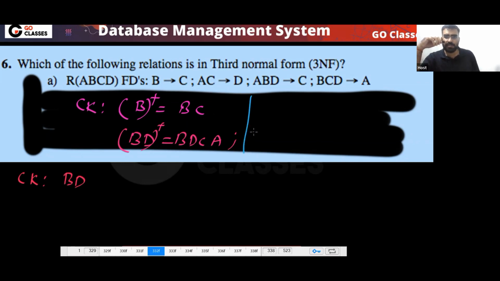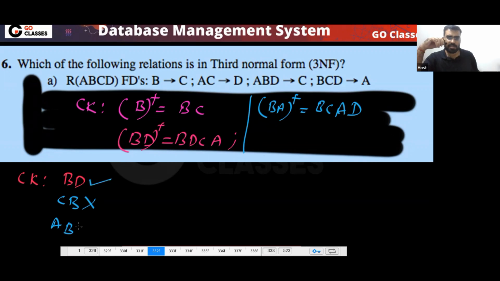What about BA? BA plus will be BCA, so AB is also a candidate key. These are the candidate keys.